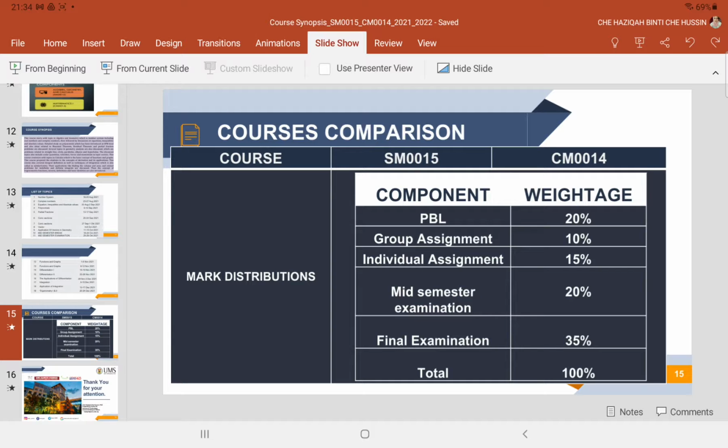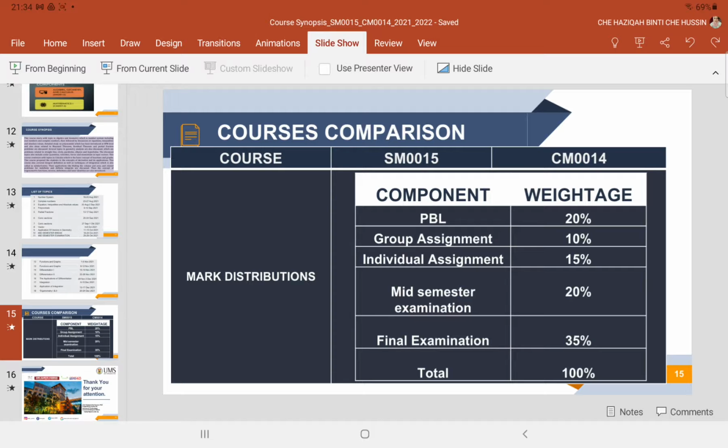The mid-semester examination is 20% and the final examination is 35%. In total, the marks will be 100%. The difference between the science and IT subjects is only the code and the student learning time. Basically the syllabus and the content are the same.